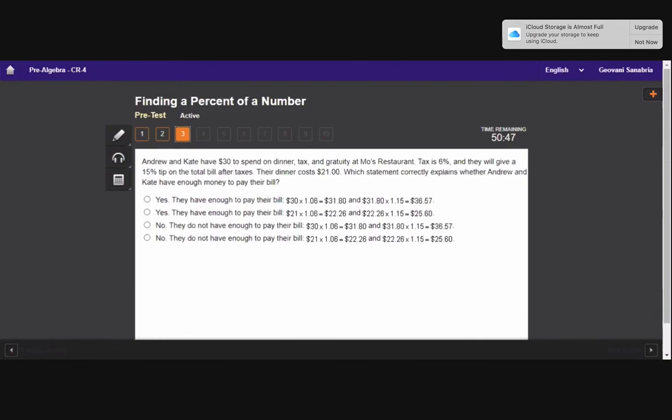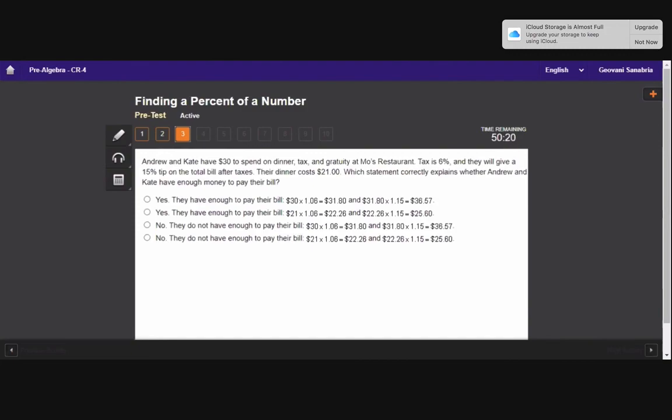Oh, geez. There's so much. It was just pretty much money, right? Andrew and Kate have $30 to spend on dinner, tax, and gratuity at Moe's restaurant. Tax is 6%, and they give a 15% tip on the total bill after taxes.